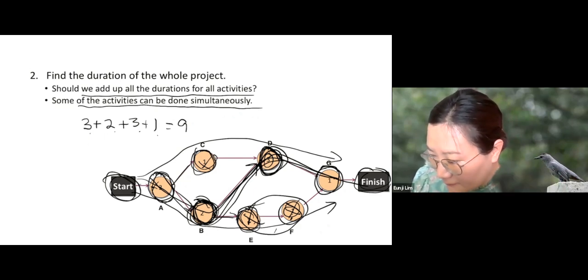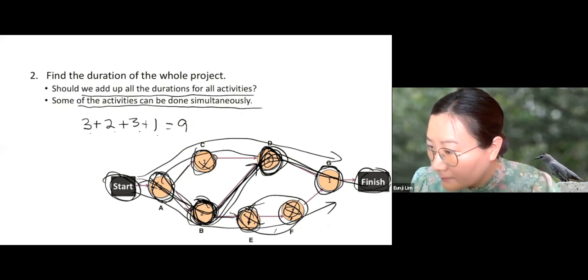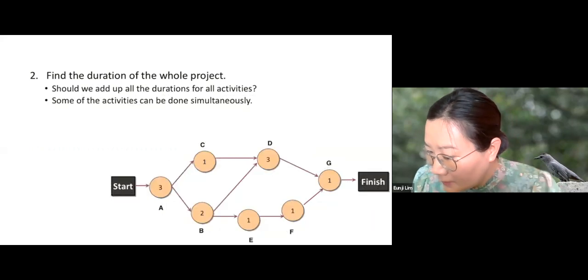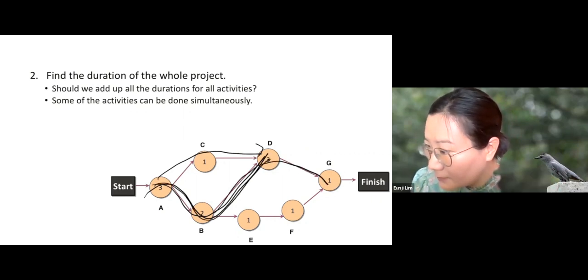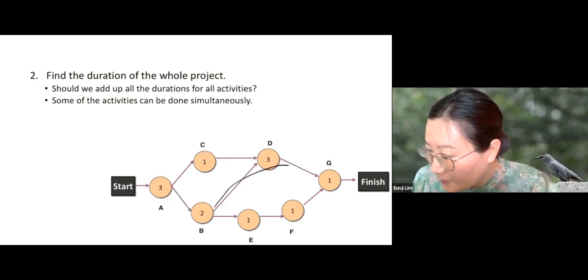Why? Because if you compare this and this, which one is longer? This one is longer. We chose this one, right? And if you compare this and this, which one was longer?